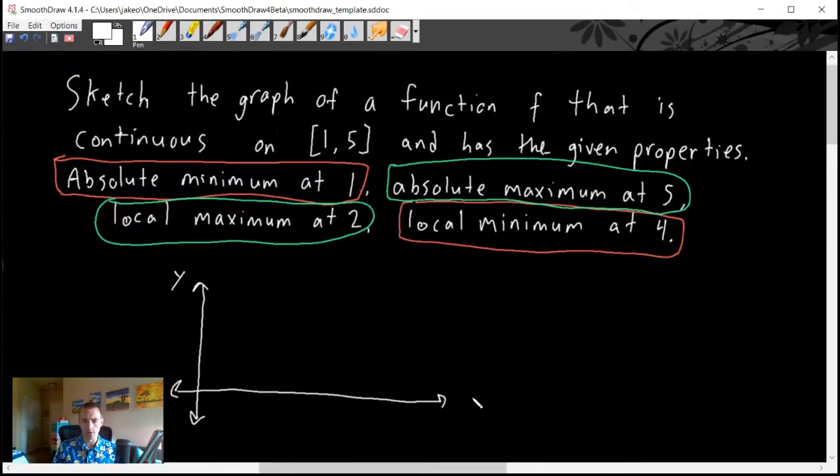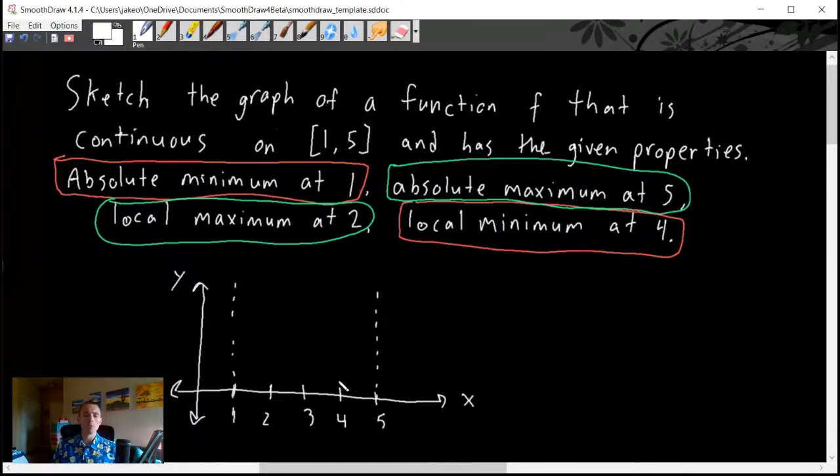But the point here is we do know that we have a specific domain. Our entire function exists between x equals 1 and x equals 5. So if we were to label our x-axis 1, 2, 3, 4, 5, we only need to look between x equals 1 and x equals 5 to sketch our function out.